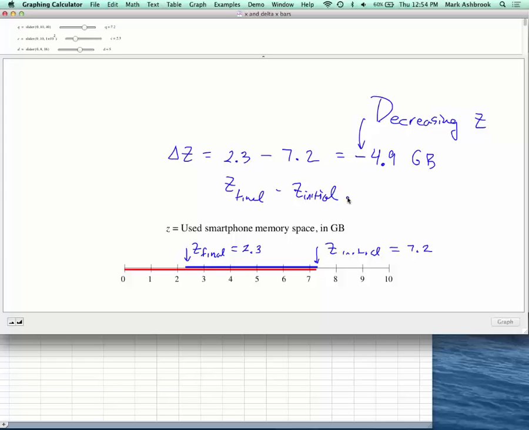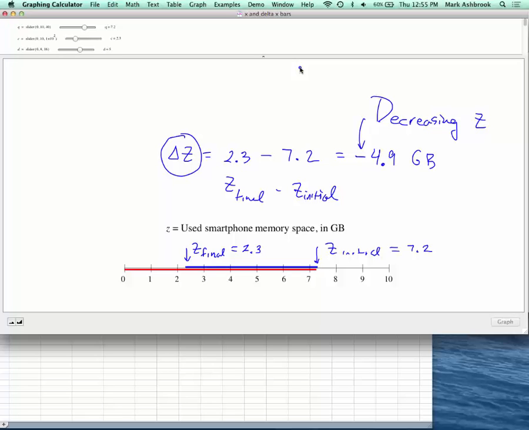Okay, questions on this change. We want to now distinguish between the value of a variable itself and the value of the change in that quantity. Those are two different variables. So we think of this as a different variable than Z. And we know negative 4.9 gigabytes could occur there, or we could reason about it somewhere else.